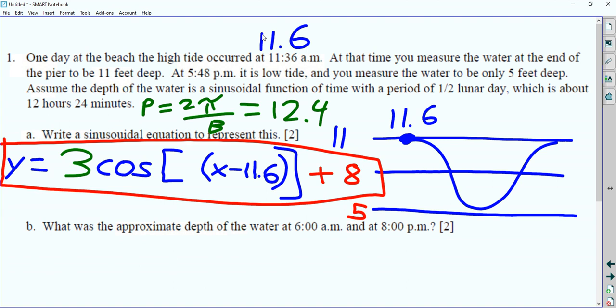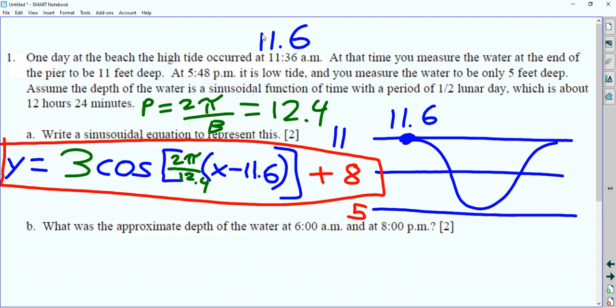Multiply b times the 12.4 and then divide by 12.4 to get b by itself. B is 2 pi divided by 12.4. Or you could reduce that by dividing by 2, top and bottom: pi over 6.2. A couple of numbers less to type into your calculator. Either way, 2 pi over 12.4 or pi over 6.2, that's your equation.